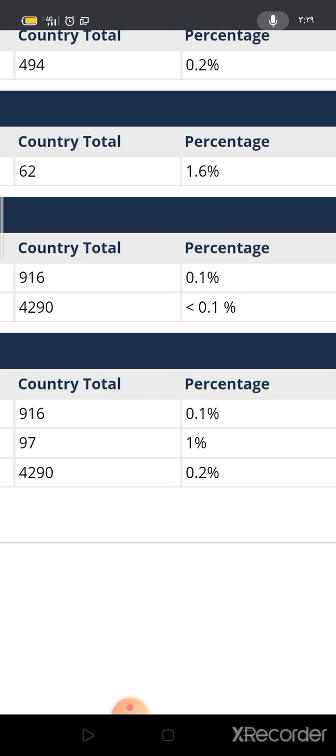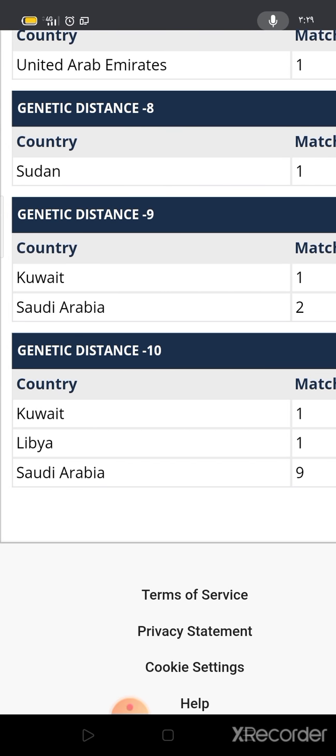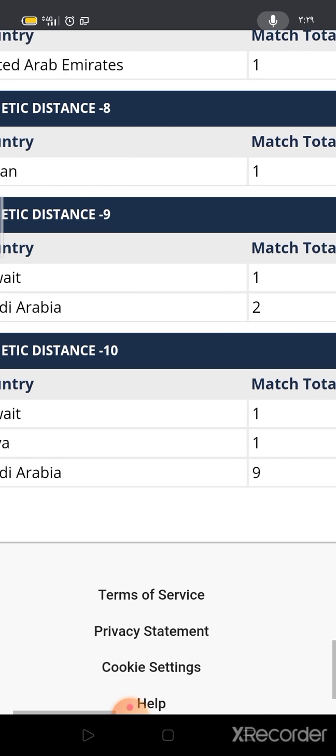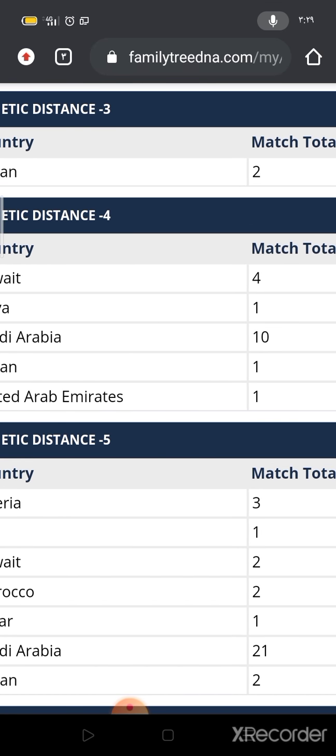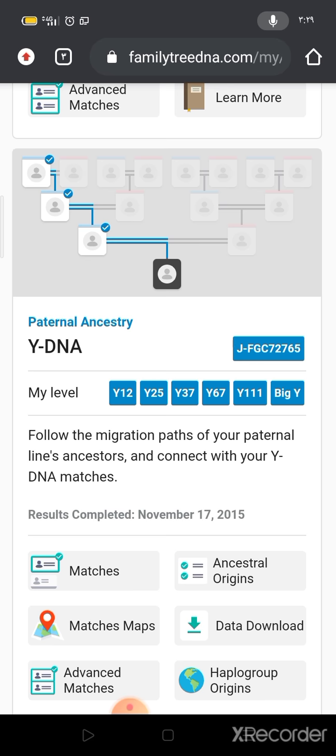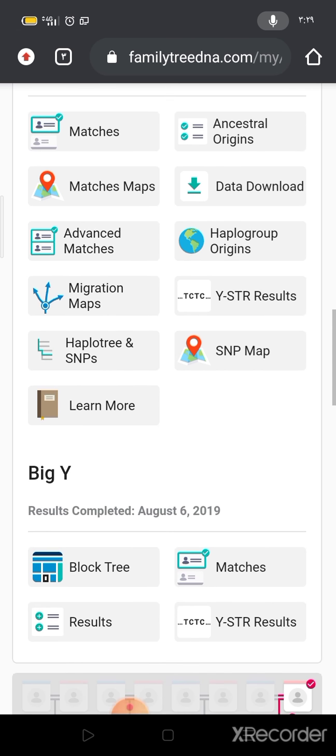But the higher percentage is 1% from Libya. 1 match among 97 Libyans who did this test. So this will show you a general idea about the data that you will have from this YDNA test about your ancestry on the different levels of test.